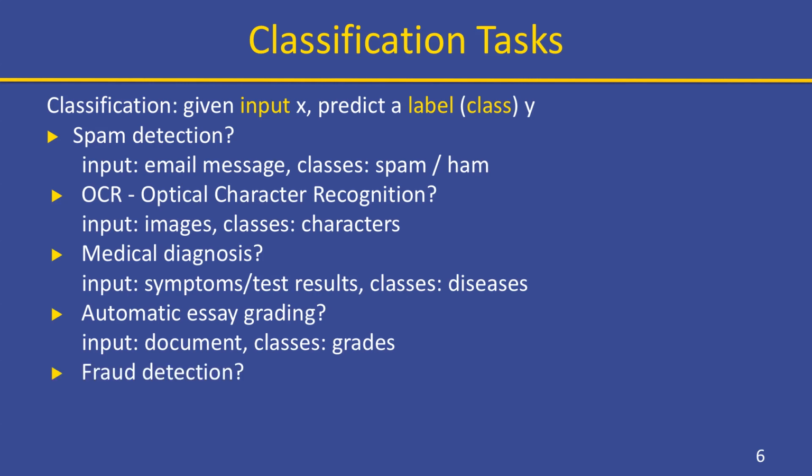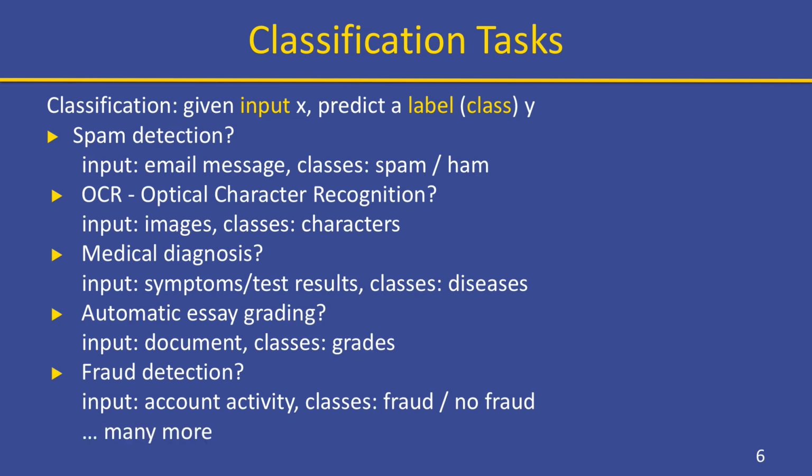And finally, fraud detection is also a very common classification task. The input here is basically our account activity, and the classes are basically positive or negative. Is there fraud or is there no fraud? So here again, we have a binary classifier.